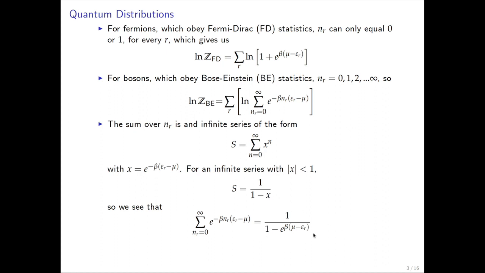So then we can put that inside here, and we find that for Bose-Einstein statistics, the result for the log of the grand sum is just this term here. And if you look, it looks quite similar to what we found for fermions. It's just that we have a minus sign here and a minus sign there instead of the plus sign.